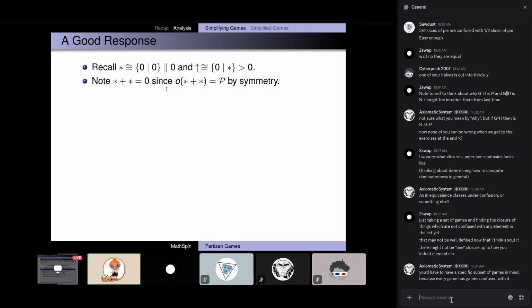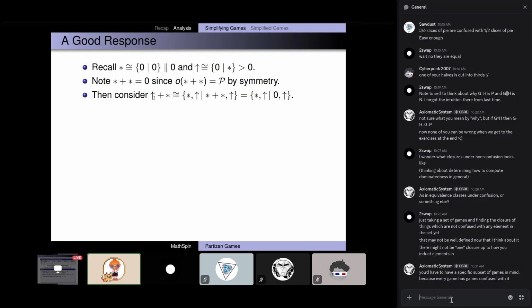So we have those, and we were just talking about star plus star. Well, star plus star equals 0 by symmetry. The first player will move in one star, and the second player will move in the other star and win. Well, what about the game up plus star? We've got to think through this.